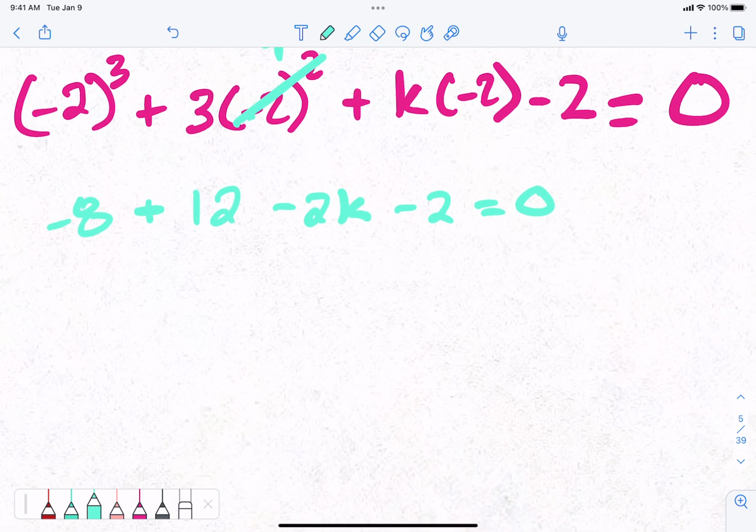K would be 3. You sure with me? I don't think it is. Just combine like terms. Okay, it was -8 plus 12 plus -2. 2 minus 2k equals 0.